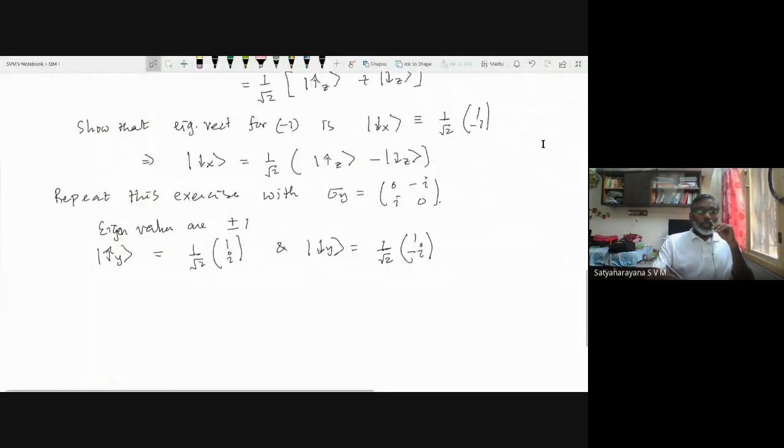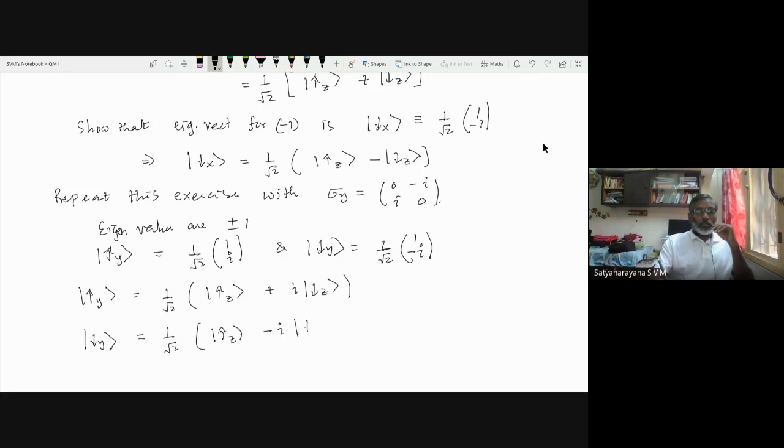So that you can say that up y can be written as 1 over root 2 into up z plus i times down z, and down y is equal to 1 by root 2 times up z minus i times down z.